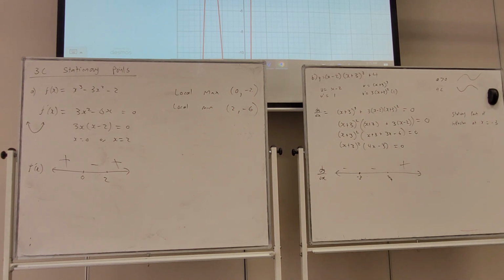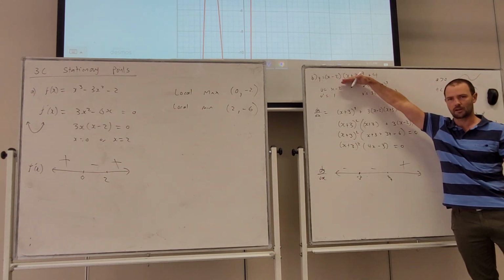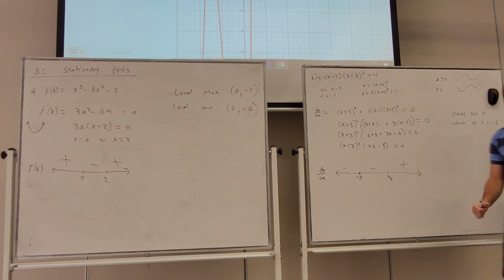To determine the y value, we would put x is minus 3 into the original function. And then we can see we're decreasing and increasing at the point 3 on 4, so we have a local min at x is 3 on 4.